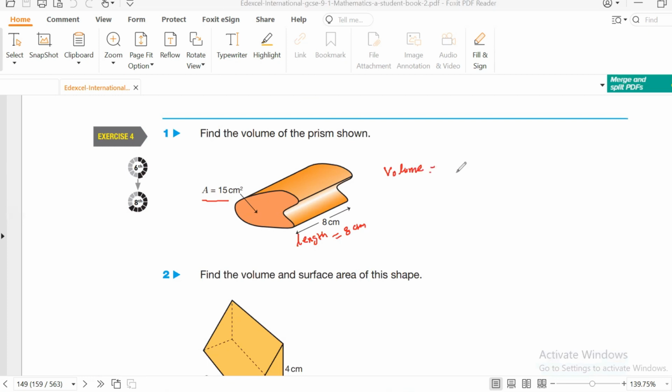Volume is equal to area of cross section multiplied by length. So 15 centimeter squared multiplied by 8, 15 into 8 gives us 120 centimeter cubed. I hope it is clear.